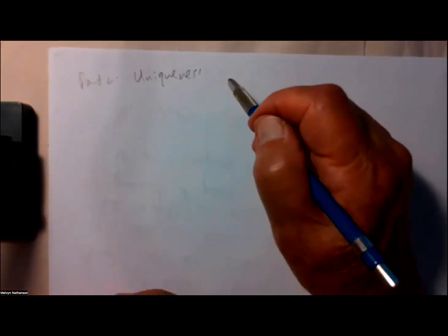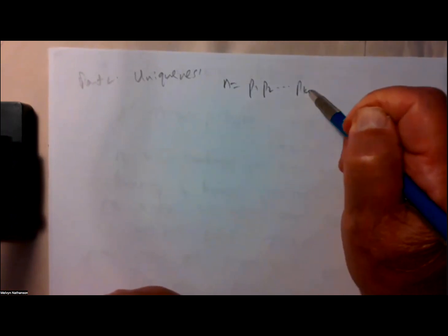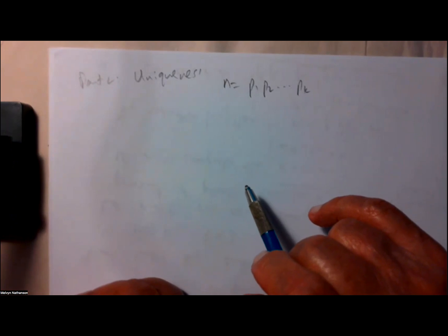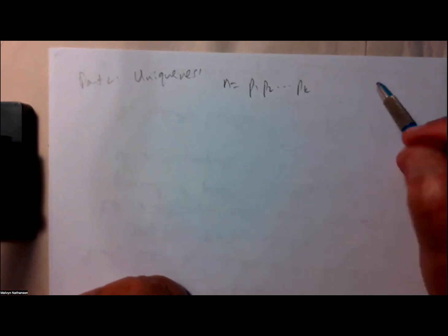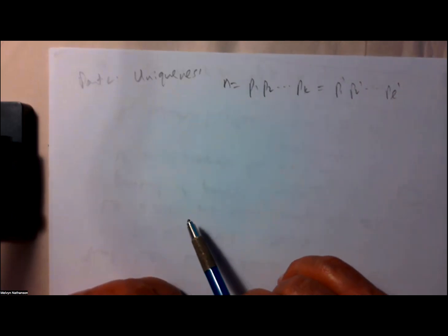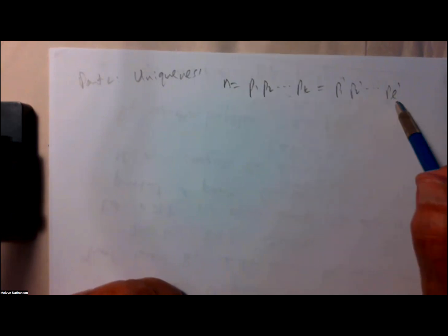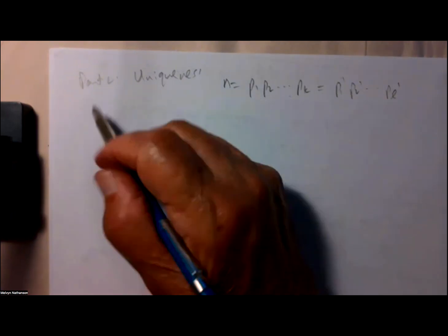Suppose we have an integer n, which I can write in one way as a product of k primes, p1 up to p sub k. But then I have another factorization. I can also write it as p1 prime, p2 prime, up to p sub l prime. So here I have a factorization into k primes. Here I have a factorization into l primes.